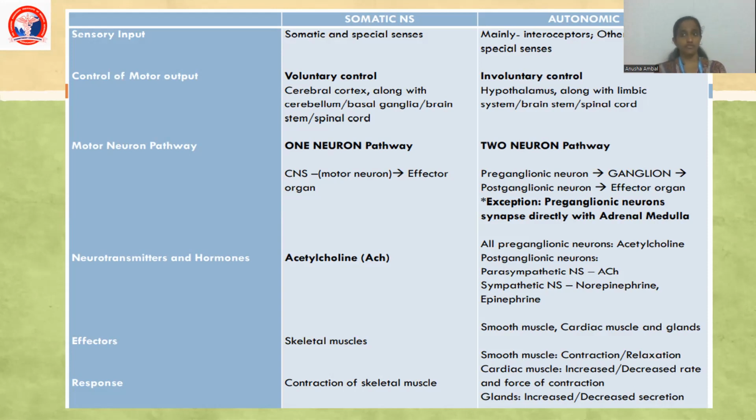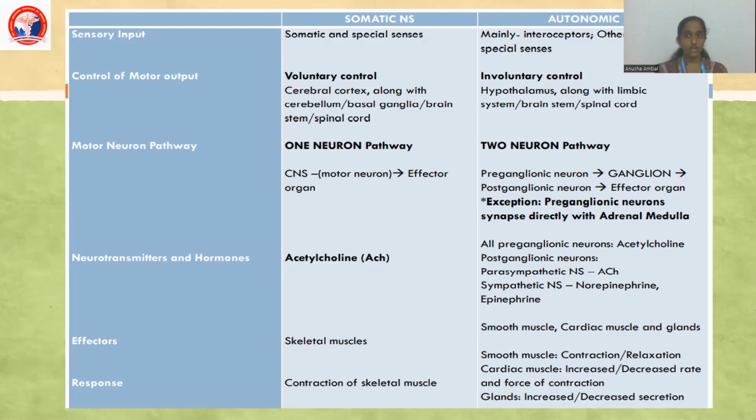So what are all the effectors? Somatic, it's obviously the skeletal muscle. In autonomic, it can be cardiac, it can be smooth muscle, it can be glands, it can be anything that is involuntary. So the response is always contraction in somatic, whereas it can be contraction or relaxation of muscle, vasodilation or vasoconstriction in vessels, an increased or a decreased secretion at the level of the glands.